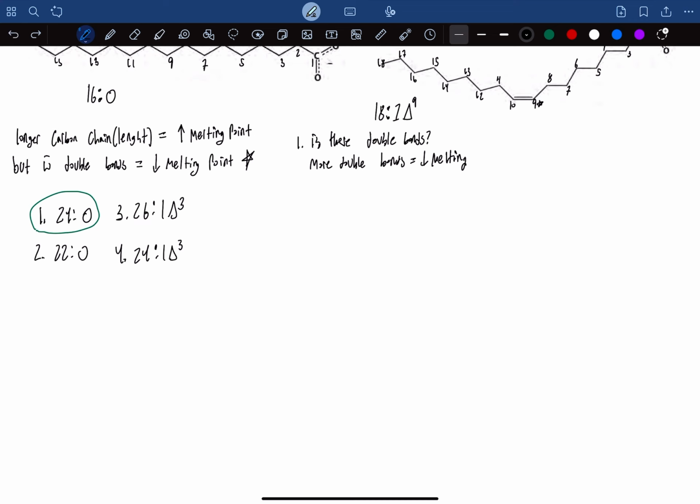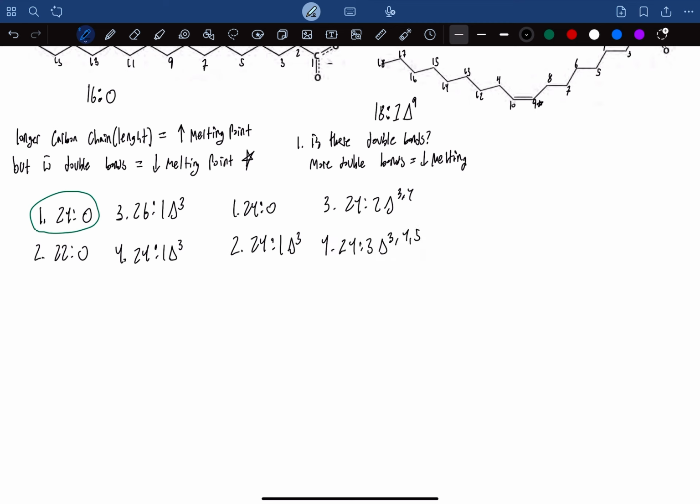Secondly, let's do one more example. Which one has the lowest melting point for this one? So this is 24:0, 24:1, 24:2, and the last one, 24:3.